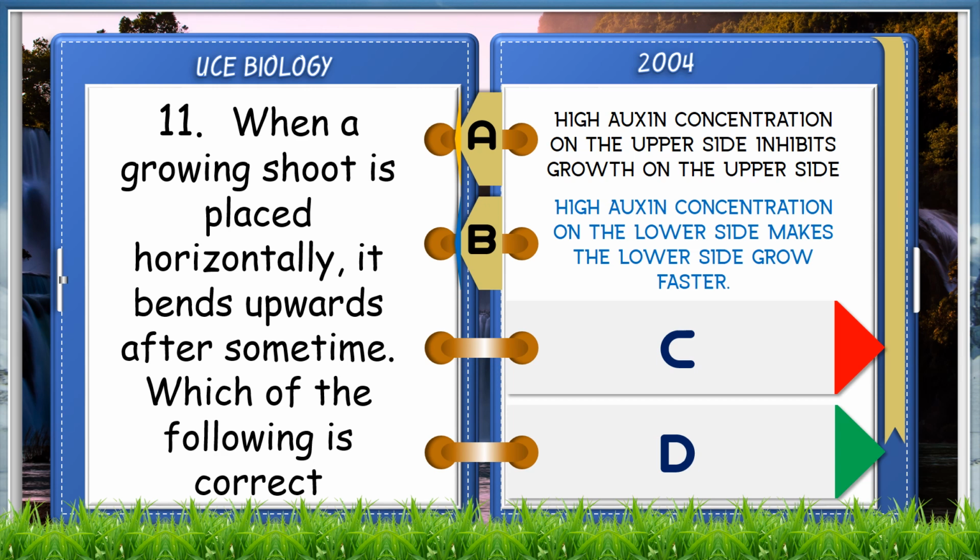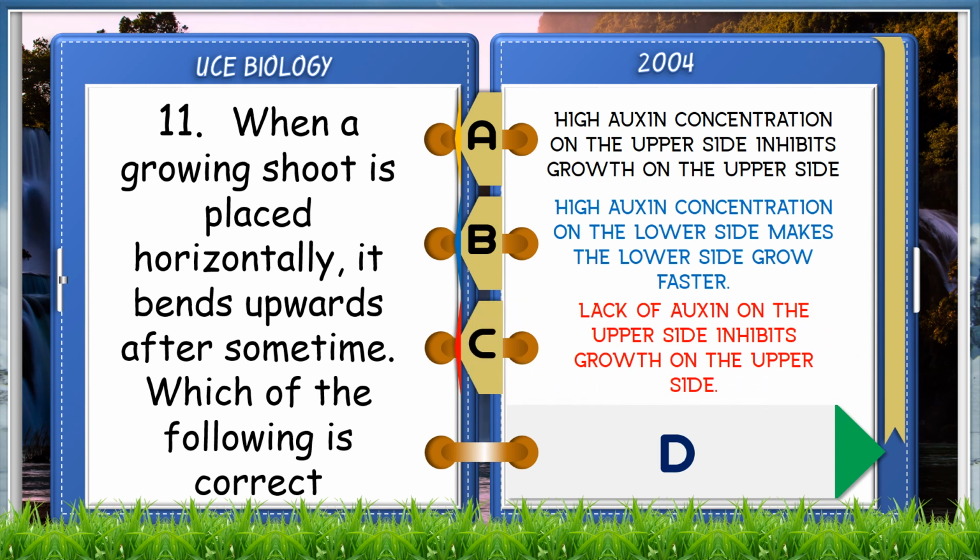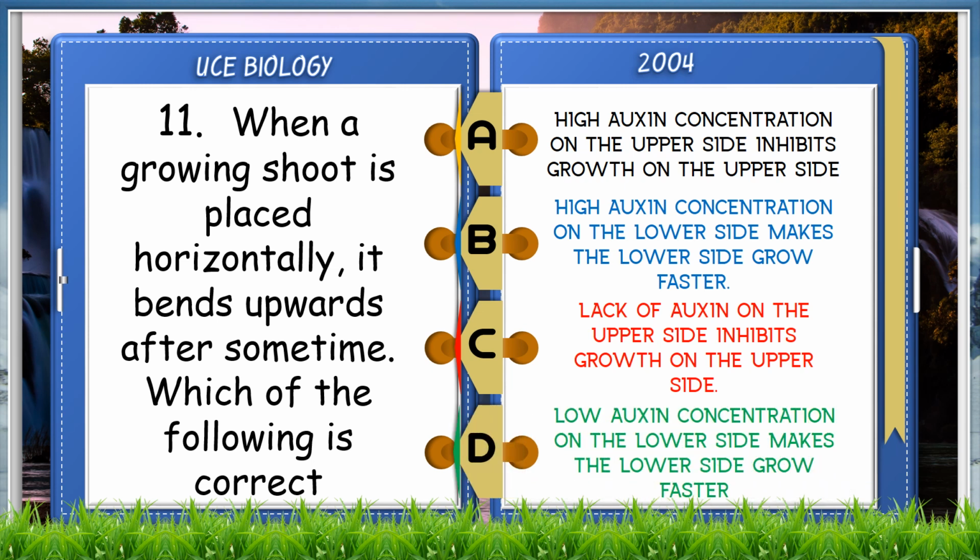C. Lack of oxygen on the upper side inhibits growth on the upper side. D. Low oxygen concentration on the lower side makes the lower side grow faster. The answer is B. High oxygen concentration on the lower side makes the lower side grow faster.